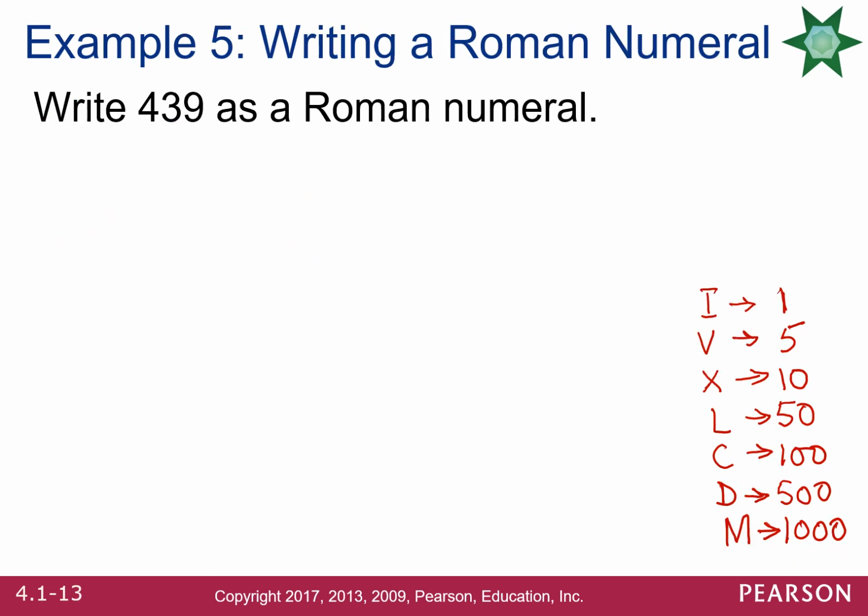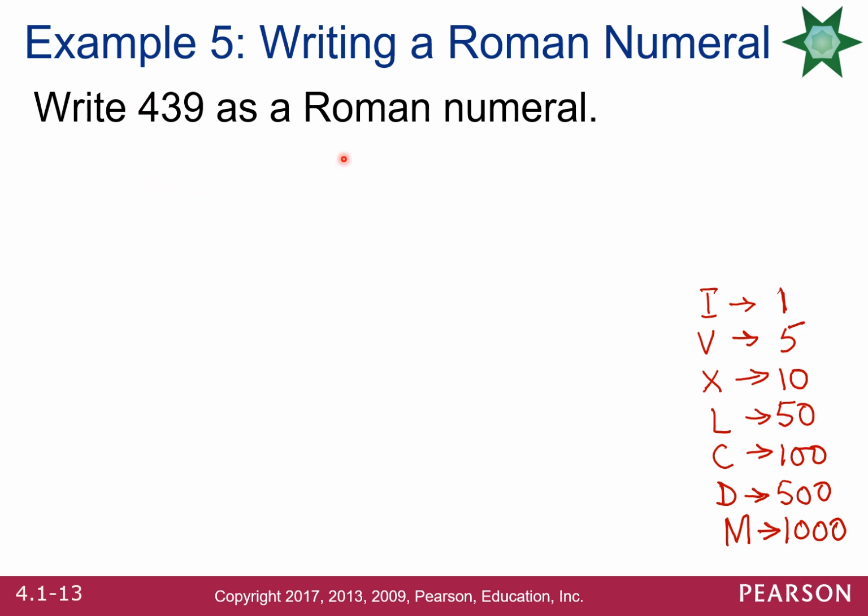We will now be going through the exercise of converting from the Hindu Arabic numeral form to the Roman numeral form. So we've been given a number here, 439, in the Hindu Arabic form.